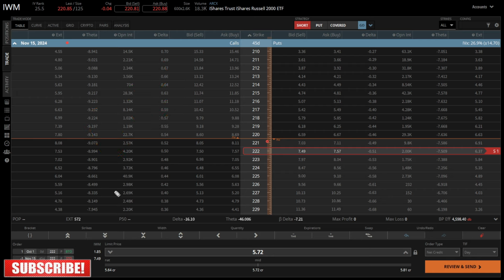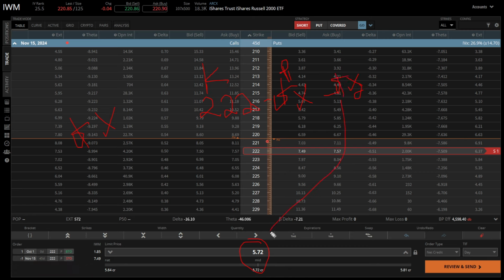And of course, remember, we collected X dollars, and now we're collecting $5.72 extra, okay? So basically, for the 222 strike price, we have to subtract our X dollars that we got at the very beginning, which is our P1, our first premium, minus our X2, which is this thing here, 5.72, which is our P2.